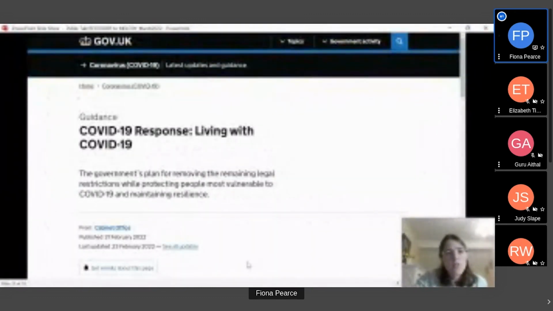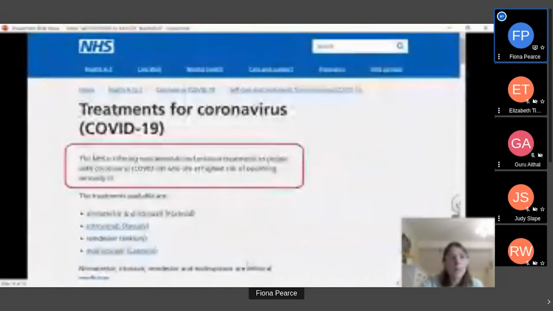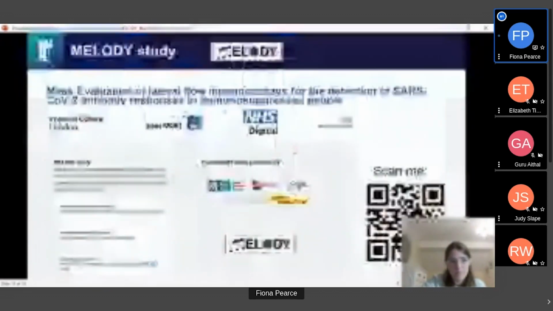So through the rapid changes over the last month or two with the government's response to living with COVID, they've brought out new guidance at the end of February for people whose immune systems mean they're at higher risk. And that includes offering new antibody and antiviral treatments to people, particularly those who haven't responded to vaccination.